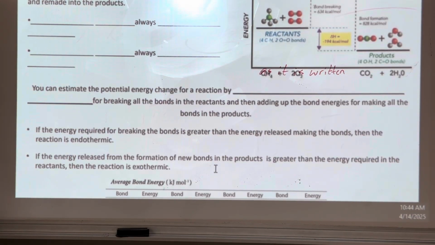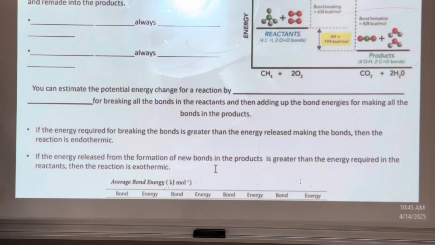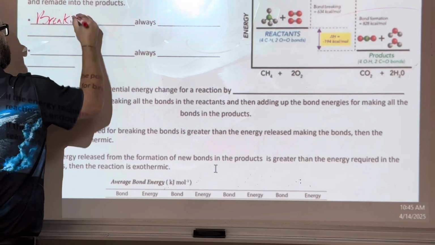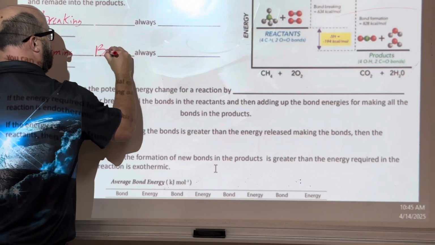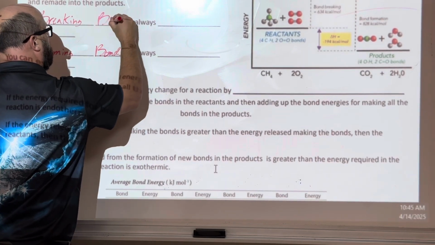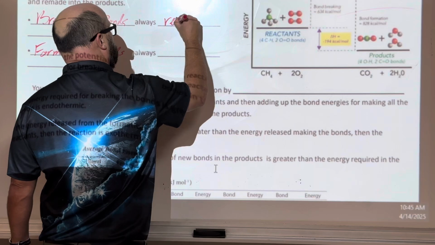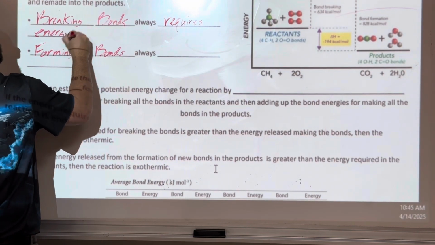The second way we're going to look at delta H is through bond enthalpy. Bond enthalpy tells us that there's bonds that are broken and there's bonds that are formed. Breaking bonds, forming bonds. Breaking bonds always requires energy, and forming bonds releases energy.